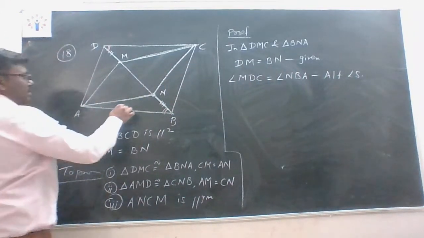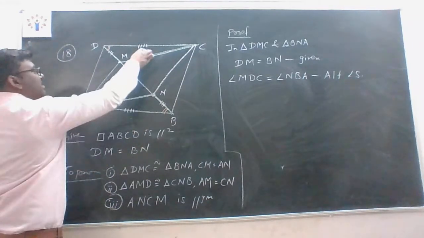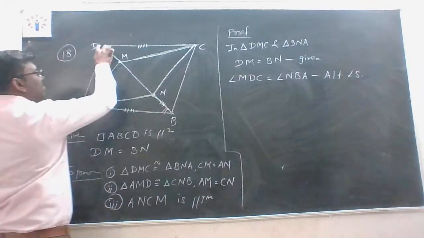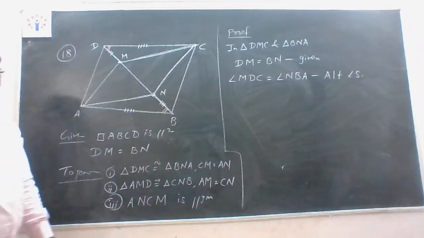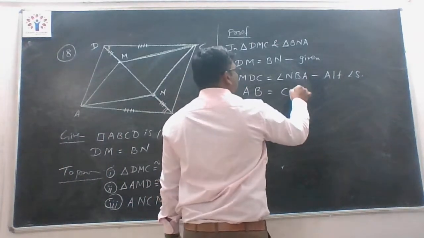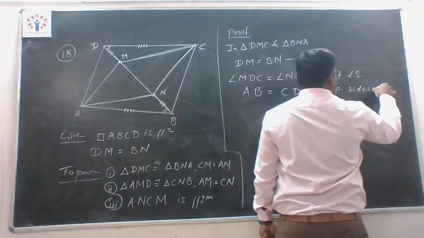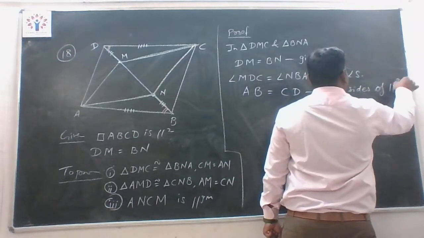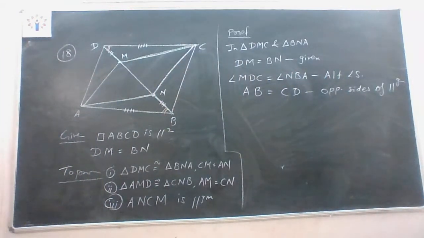Similarly, these two sides are equal. Why are these two sides equal? AB and CD are the equal sides. What is the reason behind that? Opposite sides of a parallelogram.